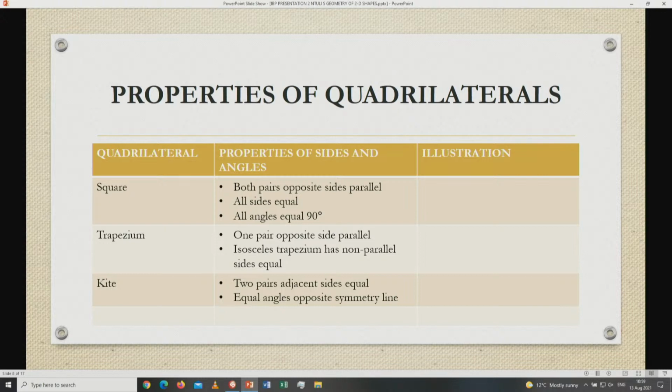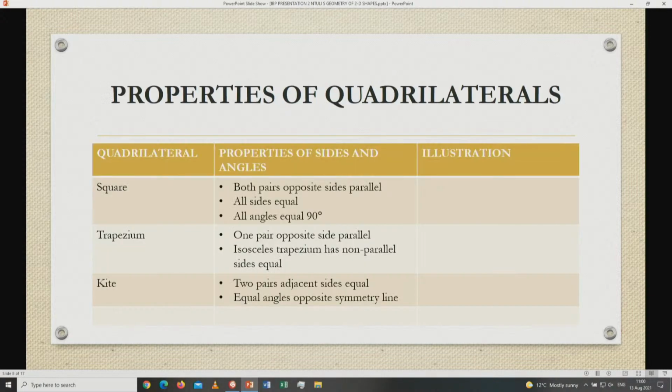But because we have already covered the word, it becomes easier for us, and we are comfortable calling it adjacent because we know that it means close to each other or adjoining. And then we have equal angles opposite symmetry lines. Those are facing each other according to the symmetry line.